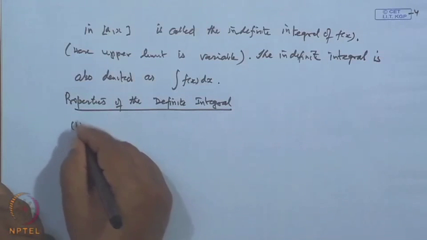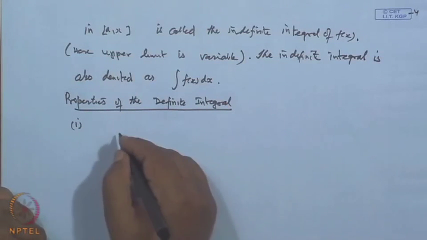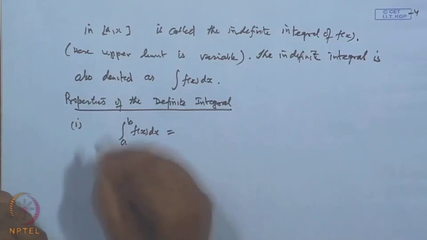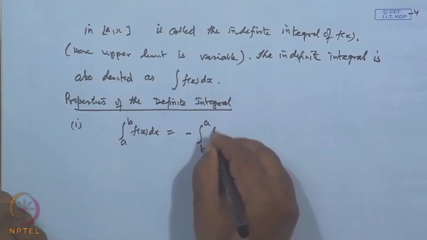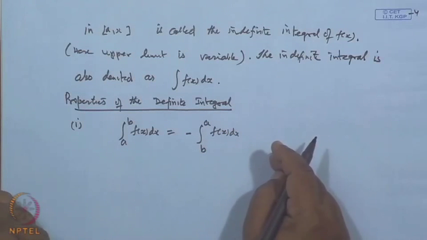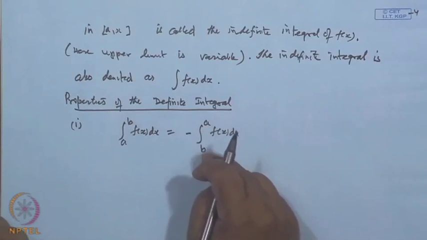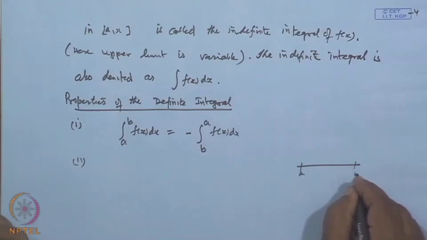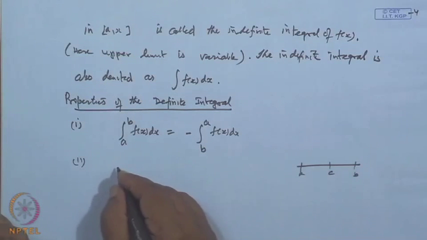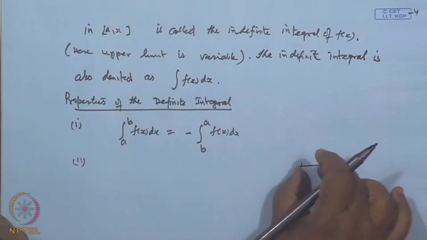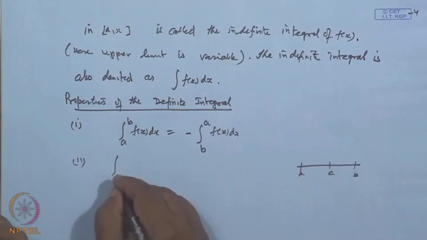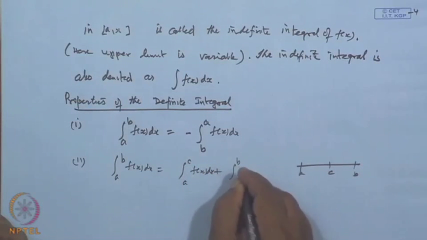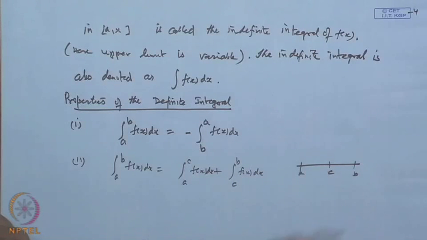The first property is that if a is greater than b, then we define the integral from a to b of f(x) dx by reversing the order of the lower and upper limits, and it follows from the definition that the integral from a to b of f(x) dx is the same as minus the integral from b to a of f(x) dx. The second property says that if the interval [a, b] is given and there is a point c in between a and b, and f is Riemann integrable over the entire [a, b], then f is also Riemann integrable over [a, c] and [c, b], and the integral from a to b of f(x) dx is the same as the integral from a to c of f(x) dx plus the integral from c to b of f(x) dx. This can also be proved with the help of the definition.